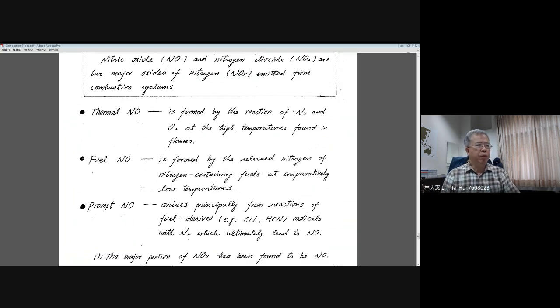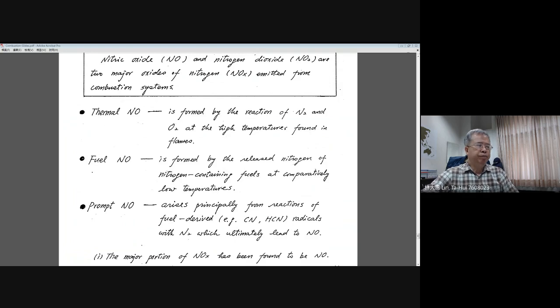We call this prompt NO. It arises principally from the reactions of fuel derived radicals. In the decomposition of coal or petroleum, they release some carbon-hydrogen radicals or carbon radicals, and those radicals will react with the nitrogen additionally. Then ultimately they will lead to NO.